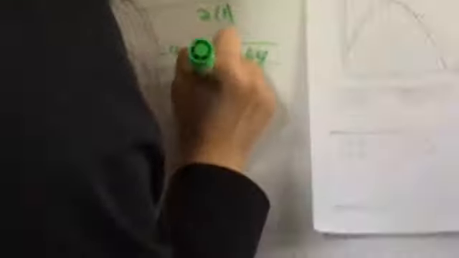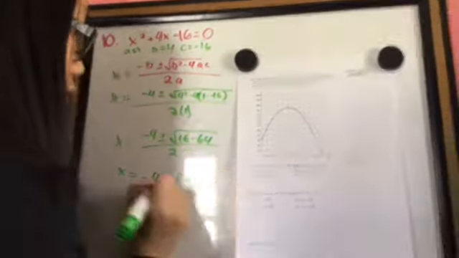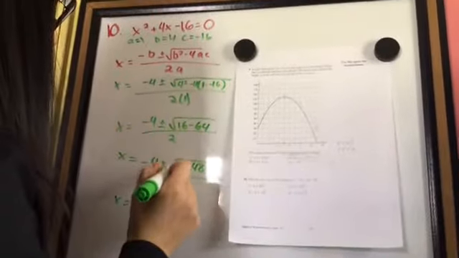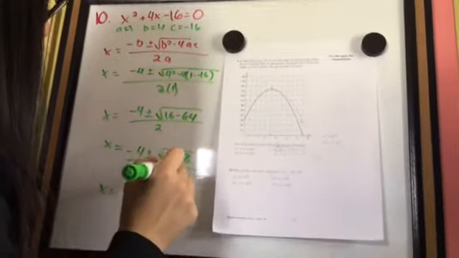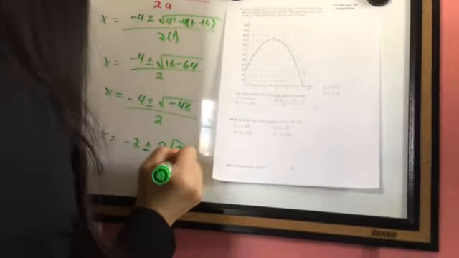So negative 4 plus or minus the square root of, it's going to be a negative number, so negative 48 over 2. So negative 4 divided by 2 equals negative 2. The square root of negative 48 over 2 is simplified to 2 square roots of 5, which is number 2.